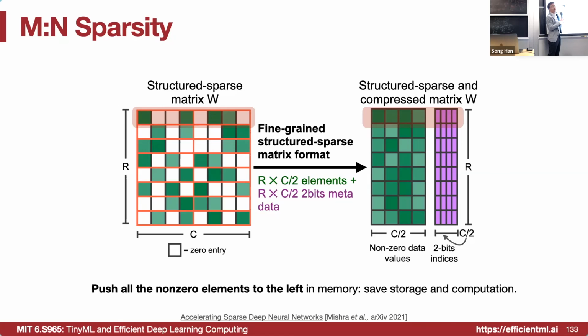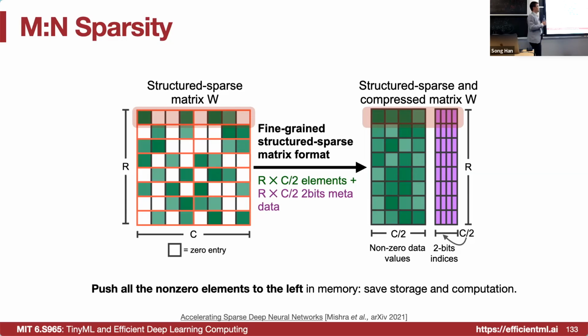We need to store 2 bits for each non-zero element, indicating where it is. For example, for this one we store 0 since it is in the first location. For this one we store 3 since it is in the last location. That's why we need 2 bits per entry to store the location of each non-zero element.